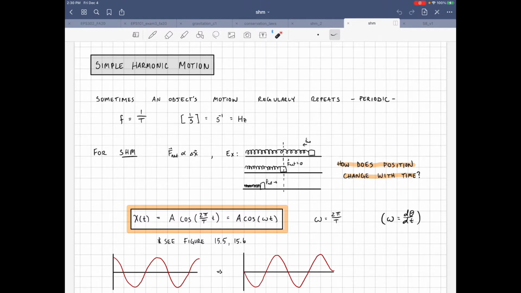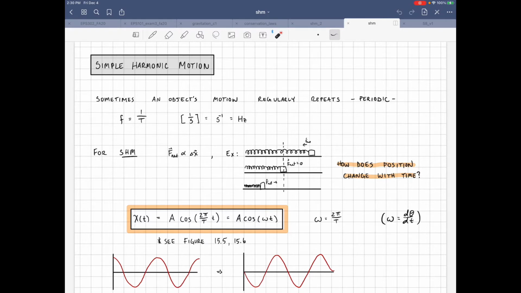So the unit for frequency is the hertz. That's an inverse second. And remember, there's a revolution or a cycle as a placeholding unit in the numerator here. So this is like a cycle per second, or a revolution per second, depending on what type of motion you're describing. So frequency is 1 over the period.